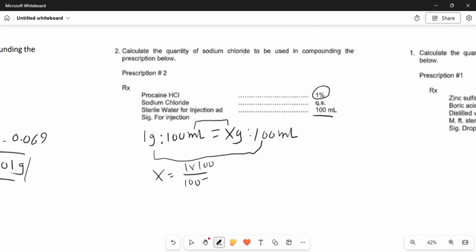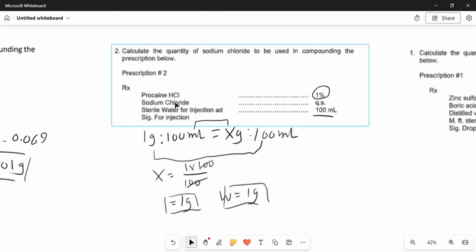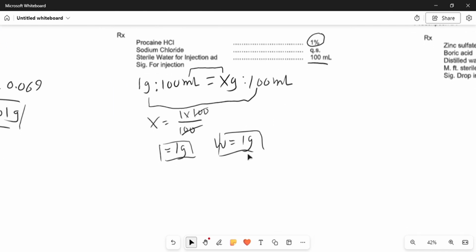In order to calculate, I will cancel out 100 with 100, so I will yield 1, and that will be in grams. So the weight will be 1 gram of procaine HCl. So let's start now with step 1.